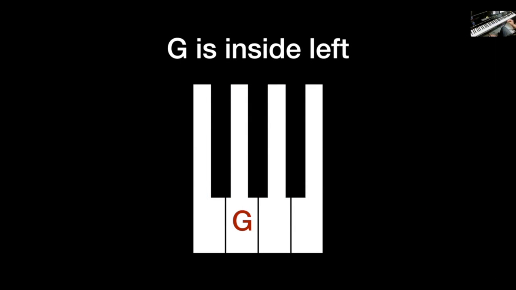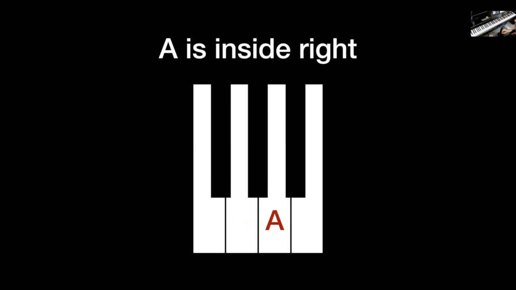Let's keep stepping up one key at a time. Now, we got to G, so we are at the end of our musical alphabet. We only have 7 notes, A, B, C, D, E, F, G. So G is the last one. We need to go back to the start of the musical alphabet. The next higher note that we are going to discover is A. And A is inside the 3 black keys to the right.